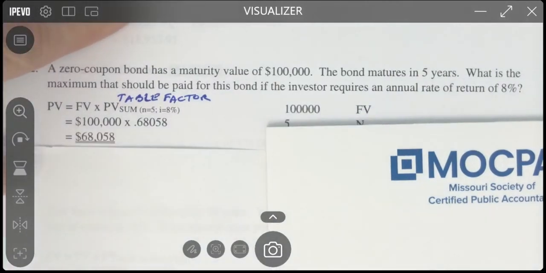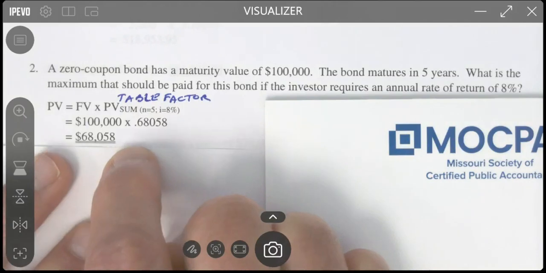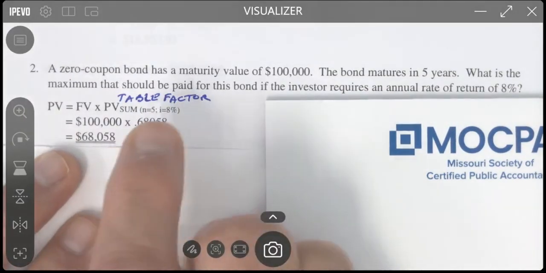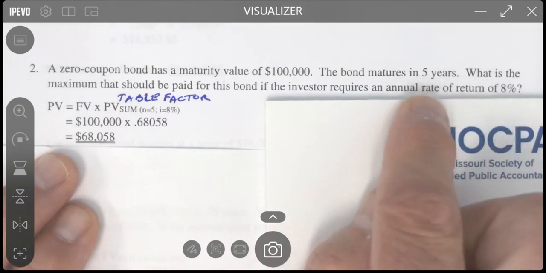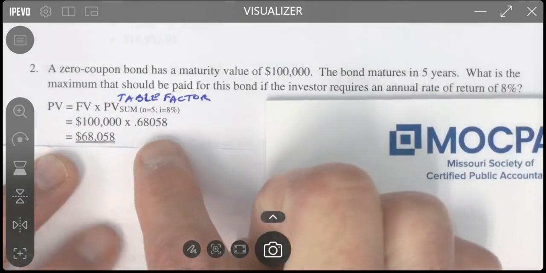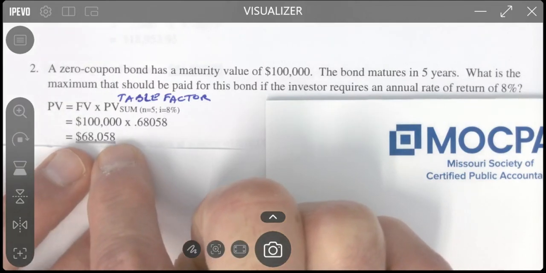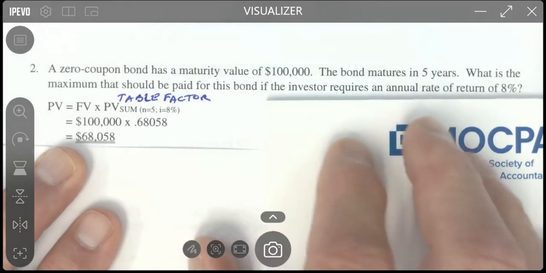And so you're willing to pay $68,058 for this bond. It'd be great if we could pay less, and then we'd yield more than 8%. But if we require an annual rate of return of 8%, we're telling our bond bidder, walk away: if you bid $68,058 and somebody else bids more, let them have it.